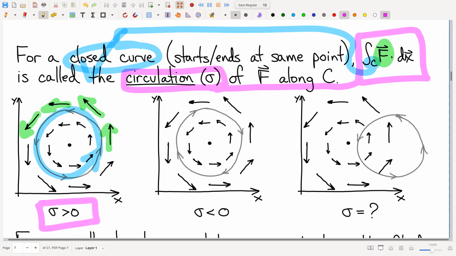Okay. Now, this is a nice example, by the way, of why we use the term circulation. If you think about the geometry of this idea of a closed curve, if I imagine starting here, it starts going like this, and then it kind of has to loop around on itself, as it were.